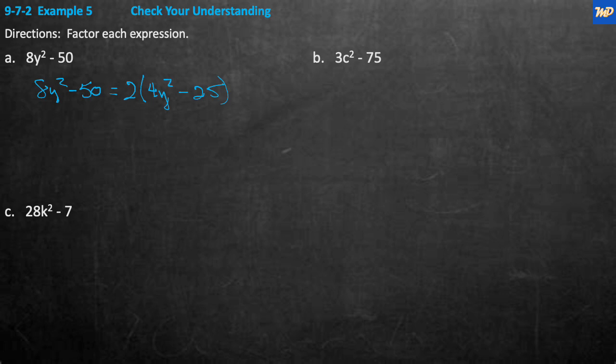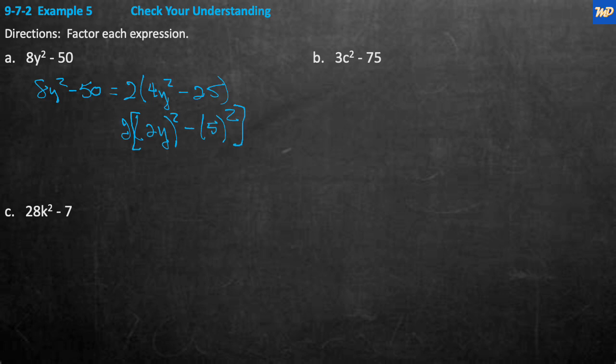Well, the 4 is a square, 2 times 2 is 4, and 25 is 5 times 5. So it looks like we've made it. We're going to rewrite this as 2 times the quantity 2y squared minus the quantity 5 squared, with a bracket around it.